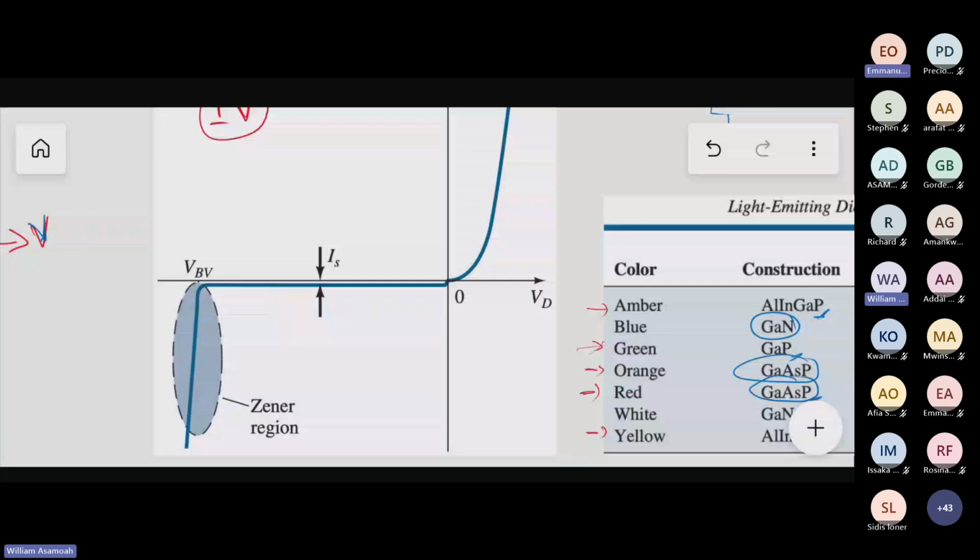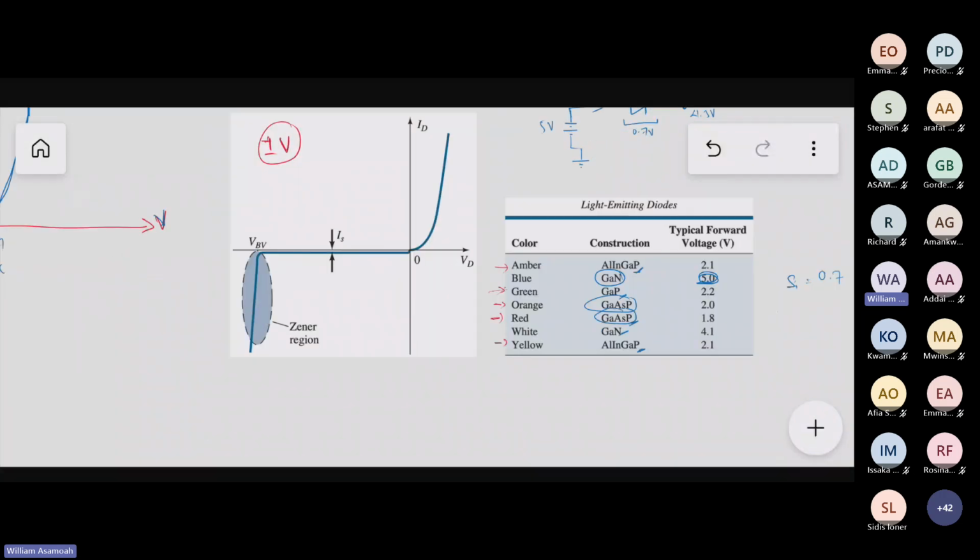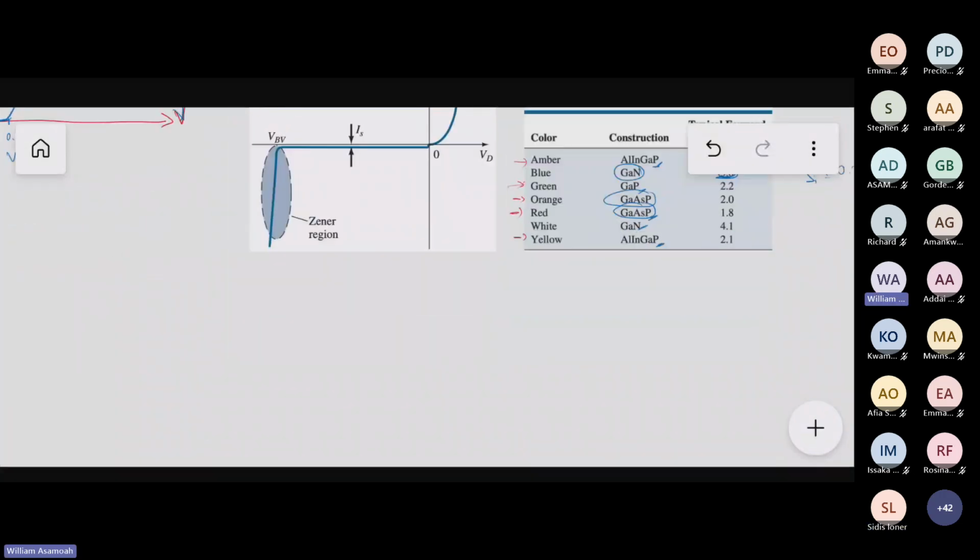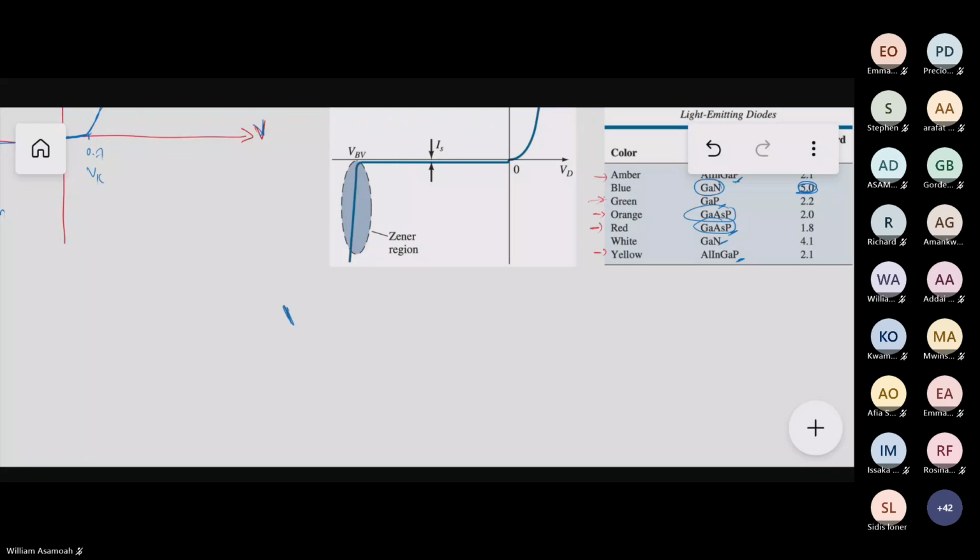With all that I've said, I can summarize it in this simple expression: the voltage at the anode must be greater than the voltage at the cathode by 0.7 if we are using a silicon diode.